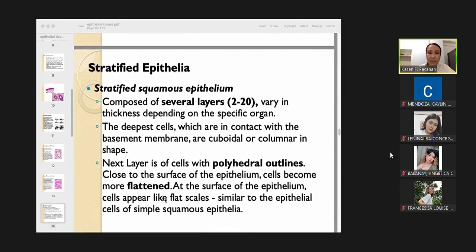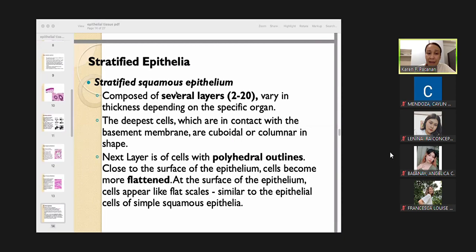Let us now proceed with stratified epithelia. The first type is stratified squamous, which is made up of several layers of cells. And sabi ko, if it is stratified epithelia, there could be a combination of cell shapes. For stratified squamous, definitely the surface layer of cells are flattened cells, kaya tinawag na stratified squamous.